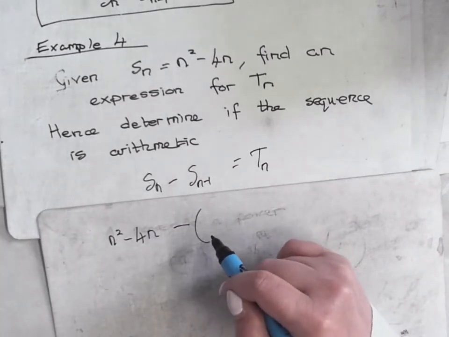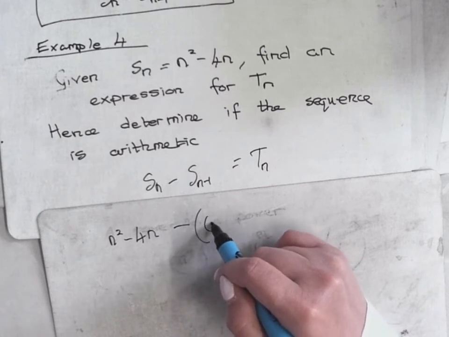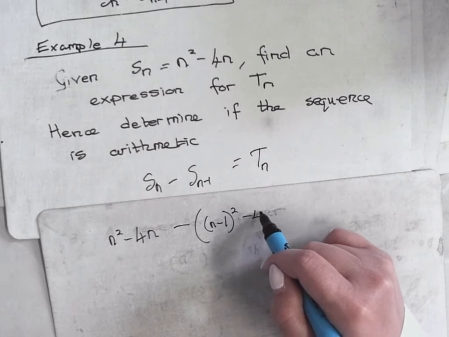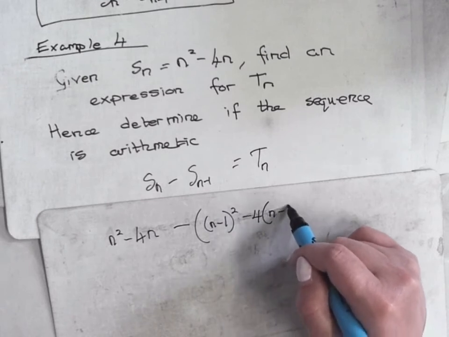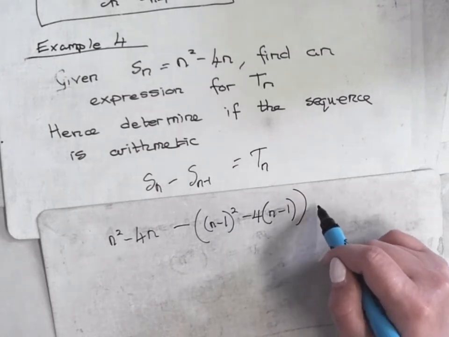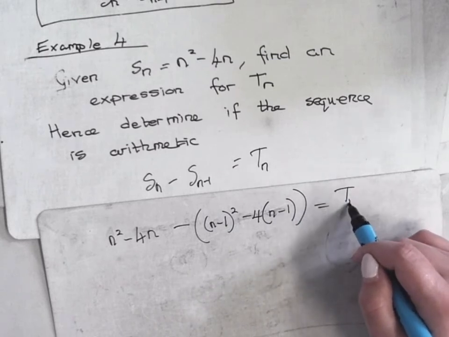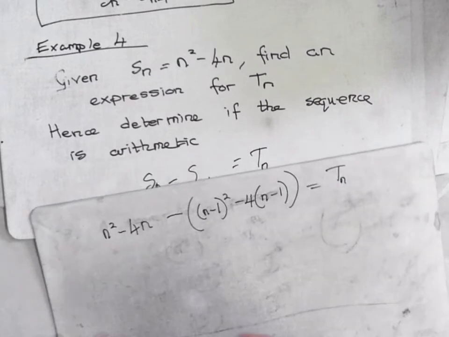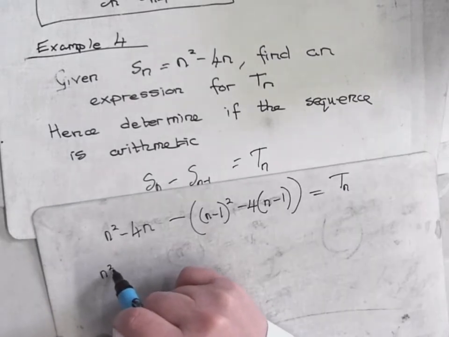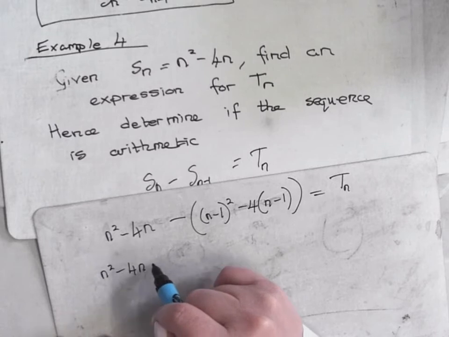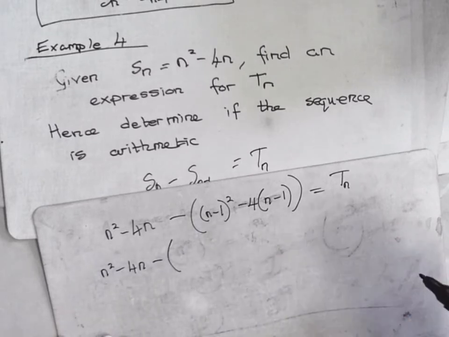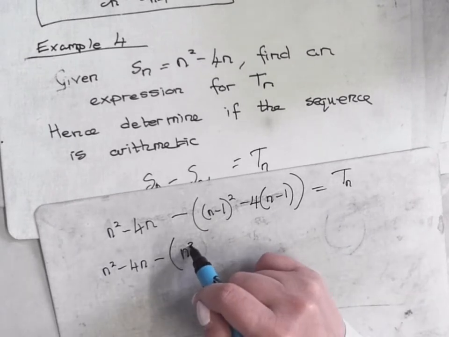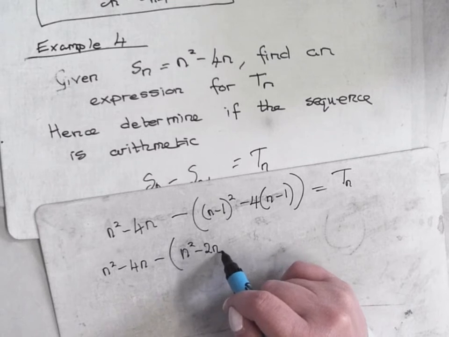So that means everywhere I see an n, I'm going to put in an n minus 1. So it was n squared, so it's now n minus 1 squared minus 4 times n minus 1. Okay, and that will tell me what Tn is, which is what I'm looking for. Okay, so I have to sort this out. So I get n squared minus 4n minus, I'm going to keep this bracket here. Right, I need to square out this bracket: square the first, twice the first by the second, square the last.